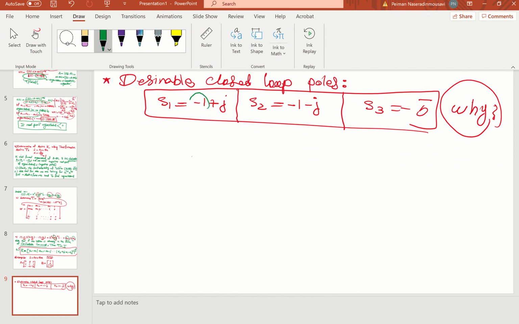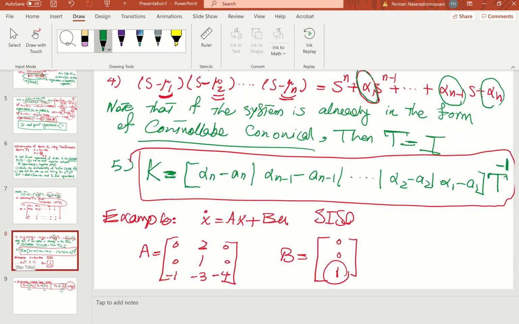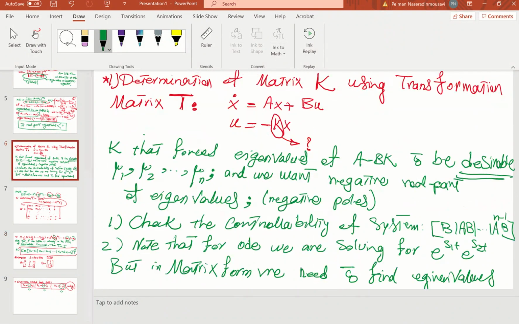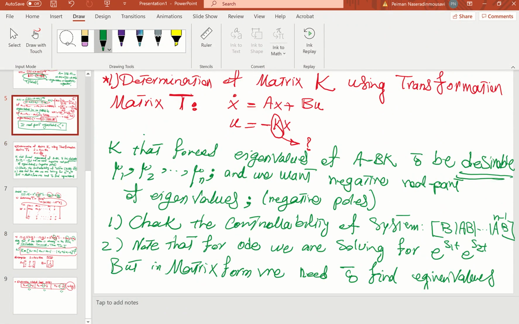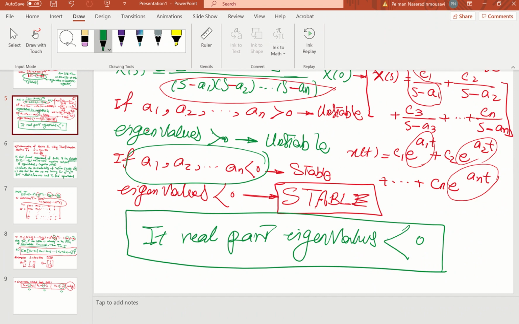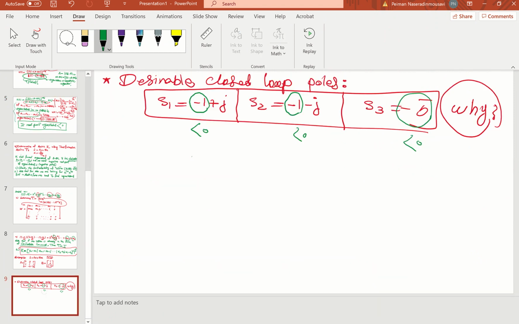The real part of the poles must be negative, because you want to make your system stable based on whatever I taught here. Look at here. You want that to be negative.